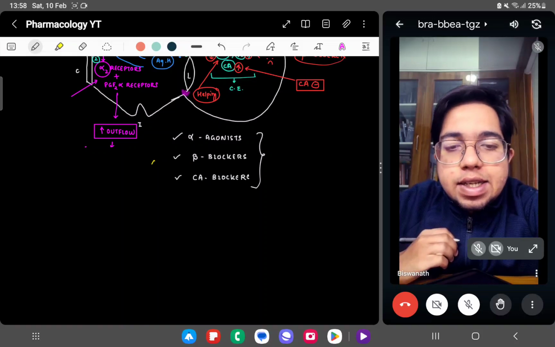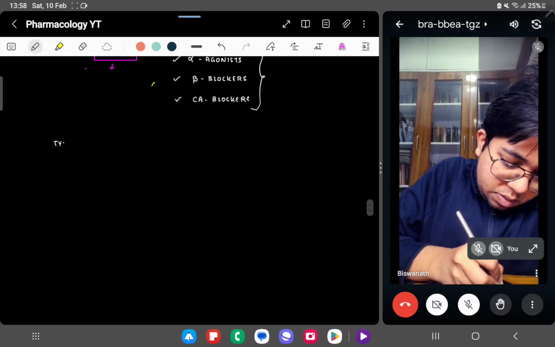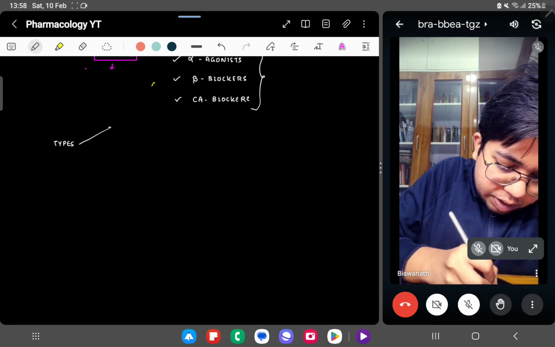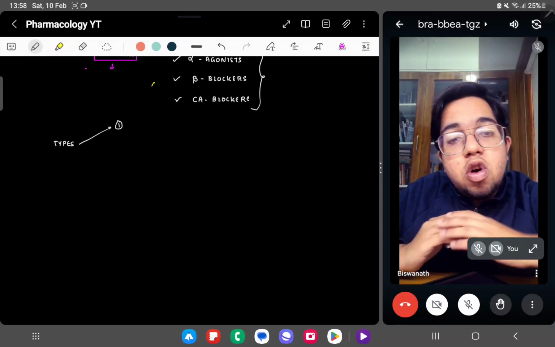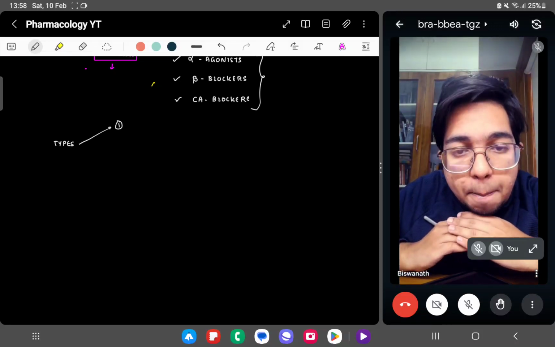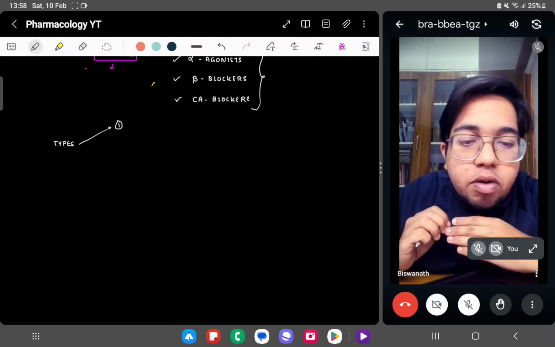So let's discuss the types of glaucoma now. Types. The first type is the glaucoma in which there is an increase in the pore size of your trabecular meshwork.